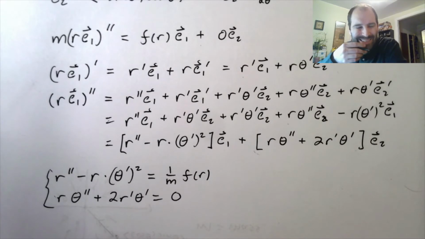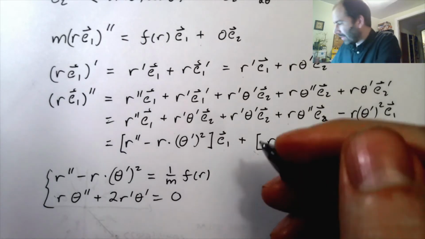Let's scratch our heads a little bit. This is 1 over r times the derivative of r squared theta prime. All right, do you see that?